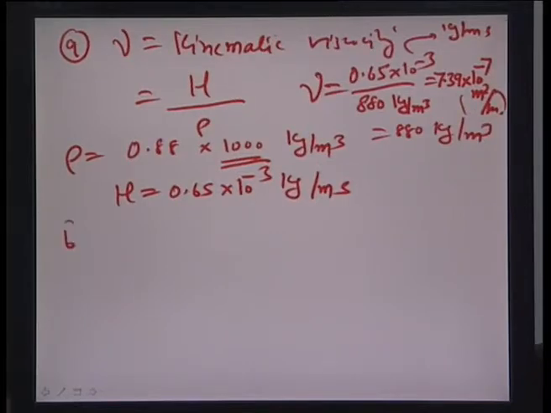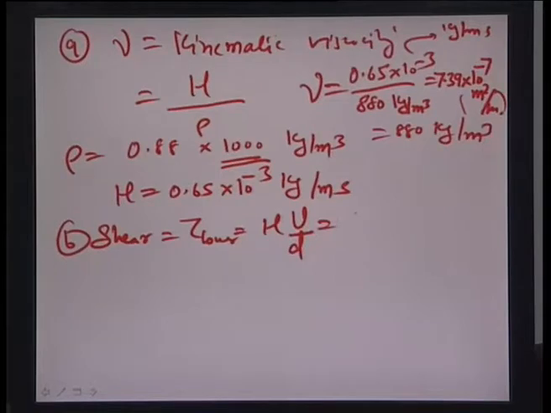The second part of the question says, what is the shear stress on the lower plate? So the shear stress here can be represented as tau on the lower plate is mu, viscosity, times u by d. u is essentially 0.3 meters per second and d has a dimension of 0.3 mm.